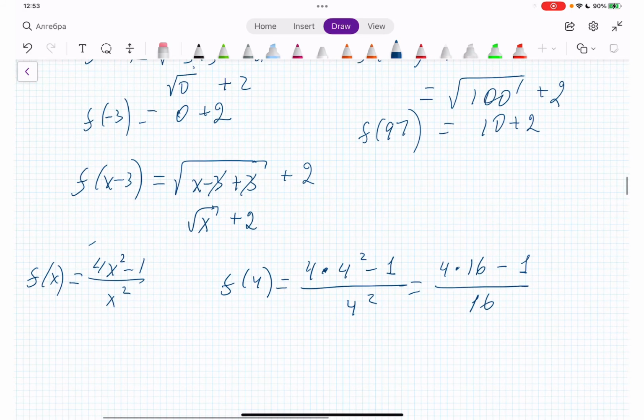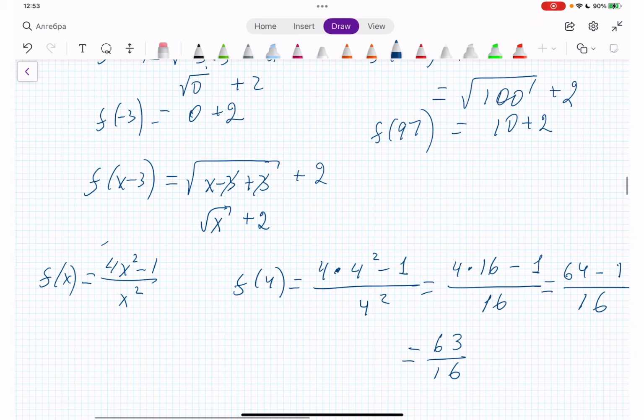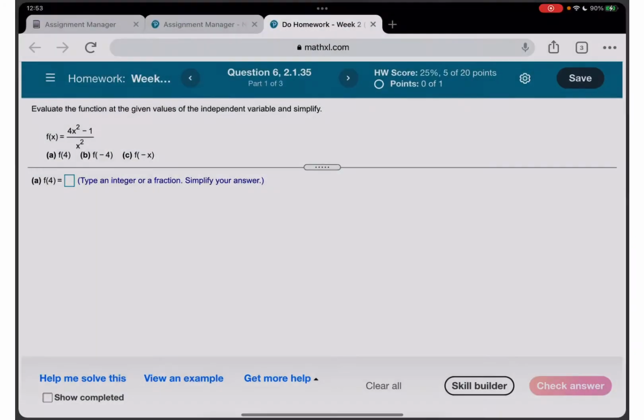What do we get? 4 times 16, this multiplication, it's going to be 64 minus 1 divided by 16. And we get 63 divided by 16. I can't reduce, I can't divide both of them by 3, so I can't simplify. 63 over 16.